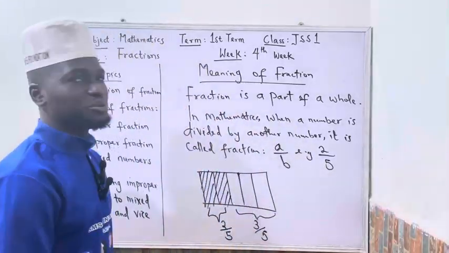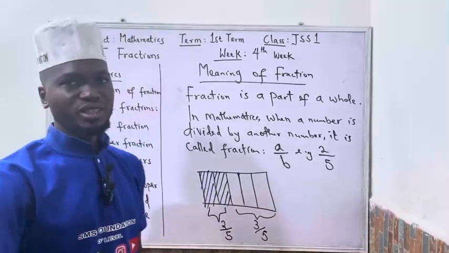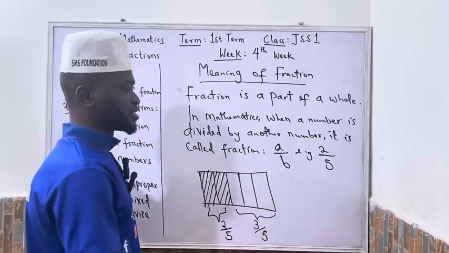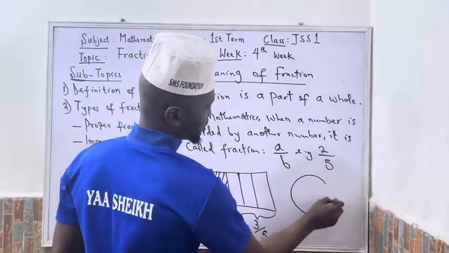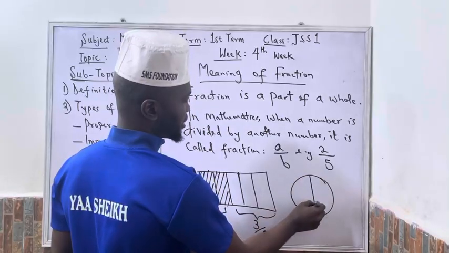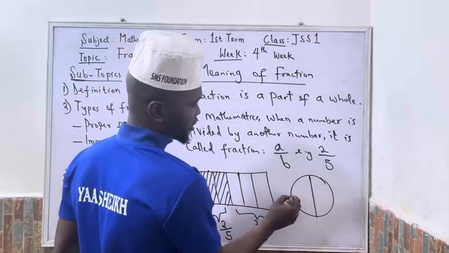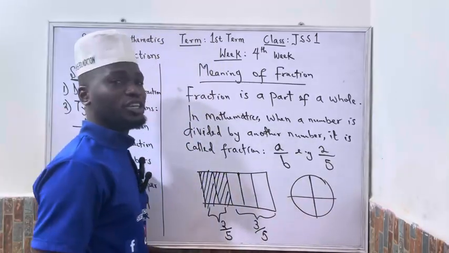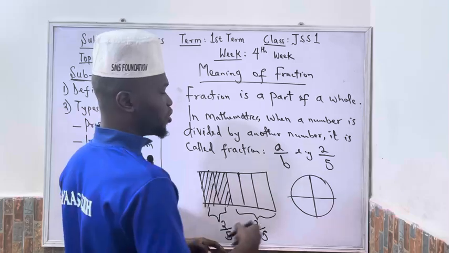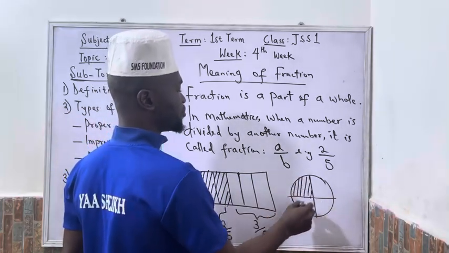Another example: let's say you are given just one orange, and you want to share it equally among your 4 brothers. You divide it into 4 equal parts, along the vertical and along the horizontal. Let's say this is your own part.